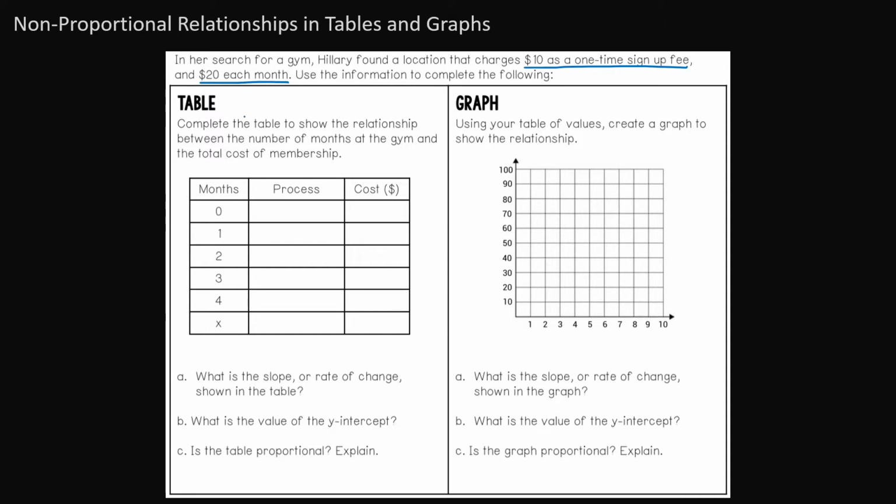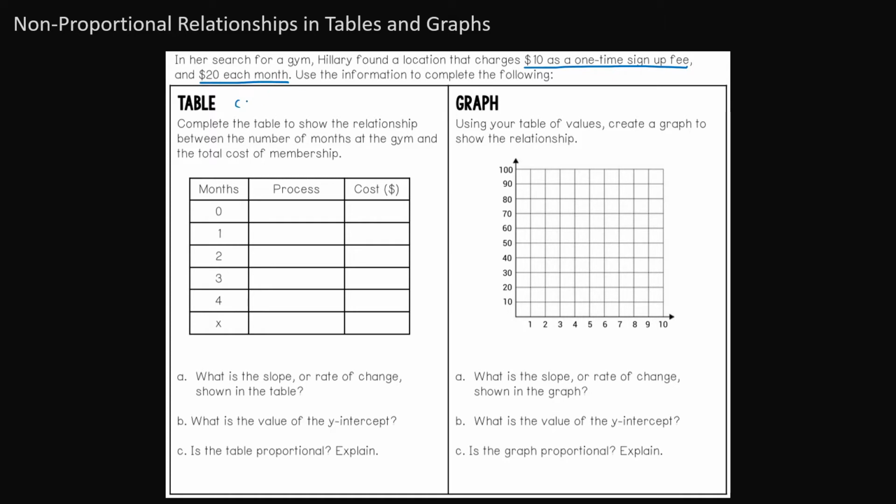And we're going to complete a table and a graph using this information. So right off the bat, I'm underlining the values in this situation. I notice that she's paying a one-time sign-up fee, which is pretty common for gyms, and she's paying a rate of $20 each month. So $20 times the number of months she's going to this gym. Let's fill in the table with this information.